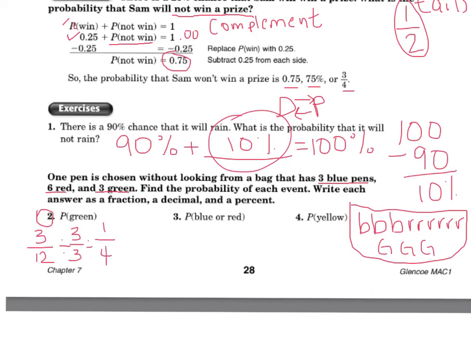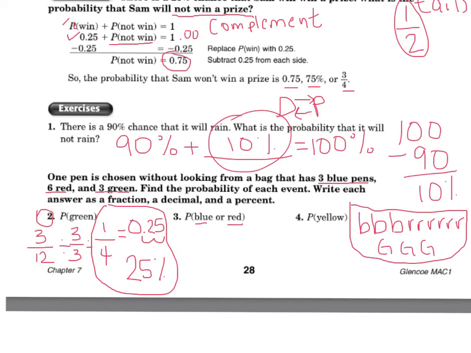Which is equal to 25 hundredths, and then change that to a percent, that is 25%. This should be memorized. It's like money, fourths. What's the probability of getting blue or red? You have to combine those.